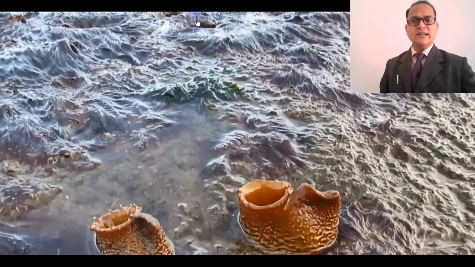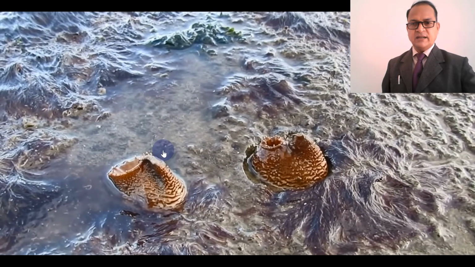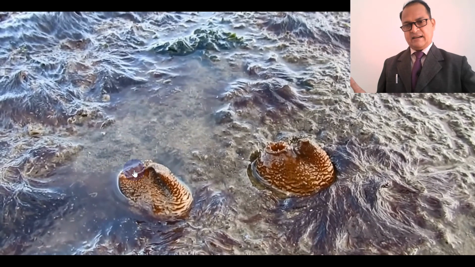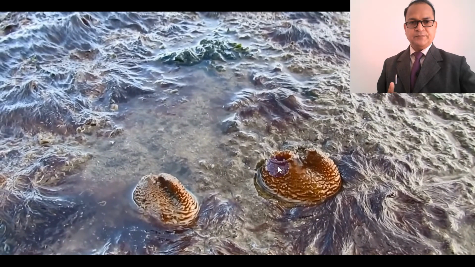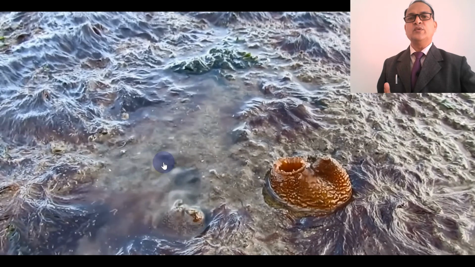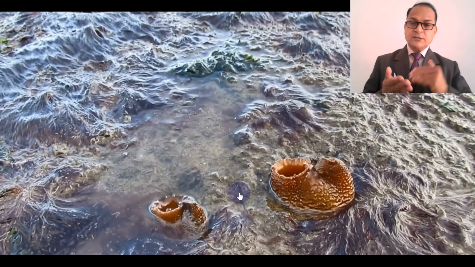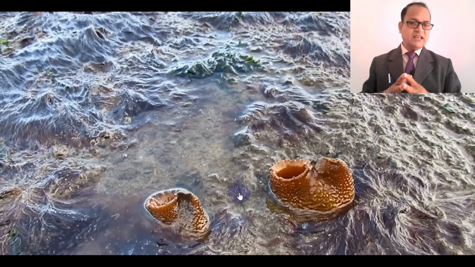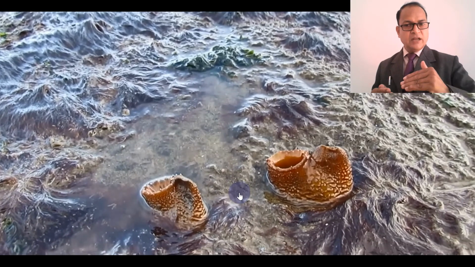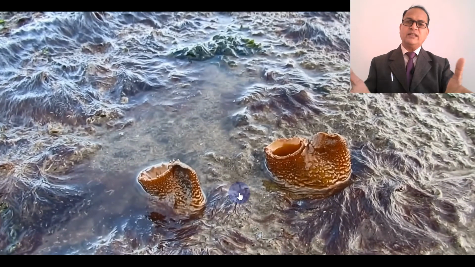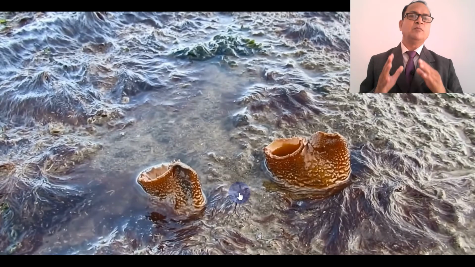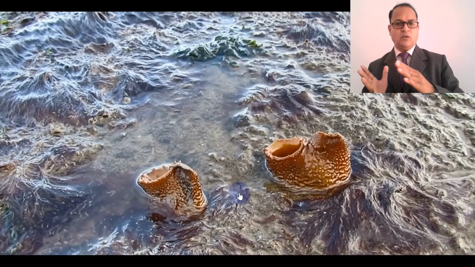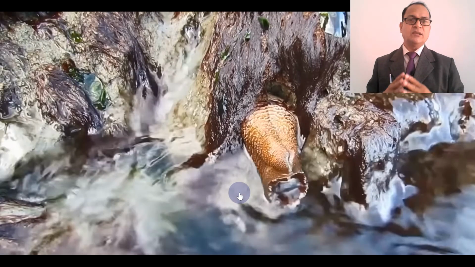There are numerous Ascidians embedded in this mud. This is their branchial aperture, and this is the atrial aperture, and they expel the water from their body through these two apertures. Therefore, they are called sea squirts, samudri fawara, or sea showers.